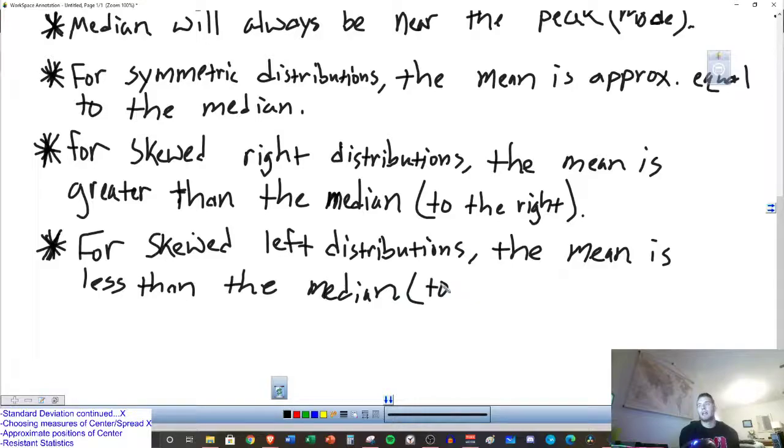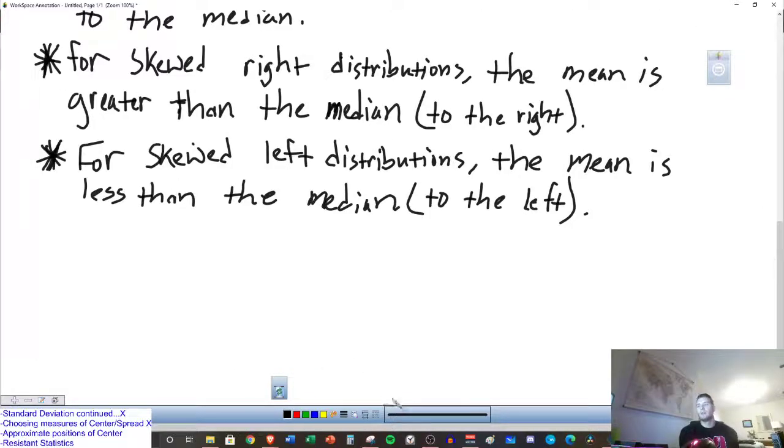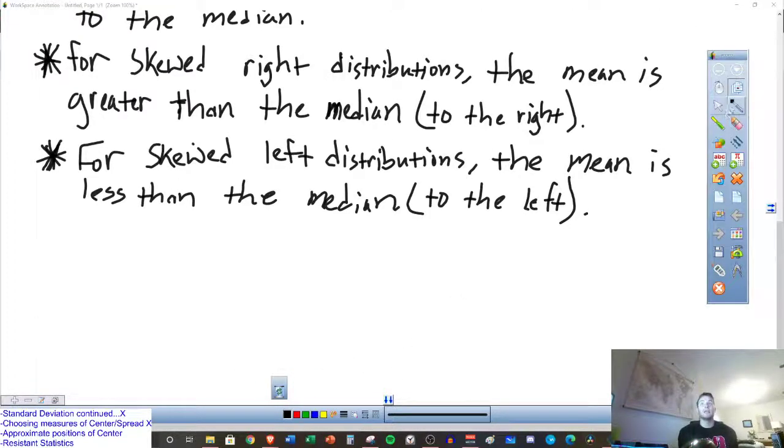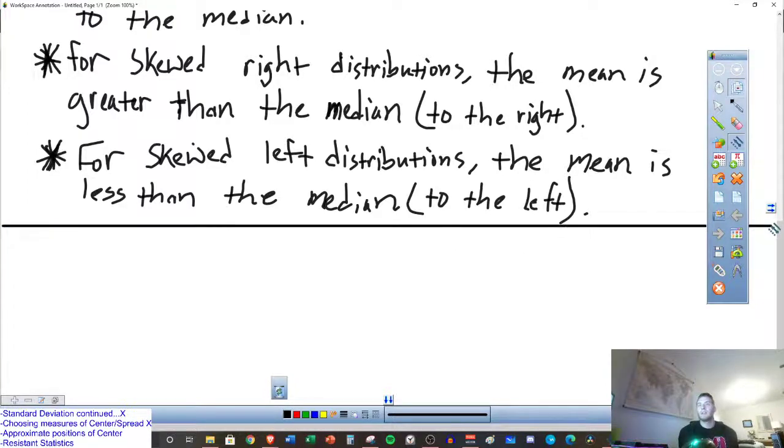And it goes to the left. All right, cool. So we've got that down now. That is going to be extremely important. It's a test item for our test that's coming up. So you need to make sure you remember that.